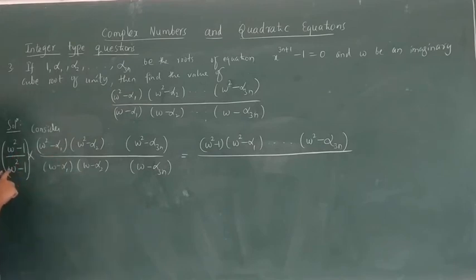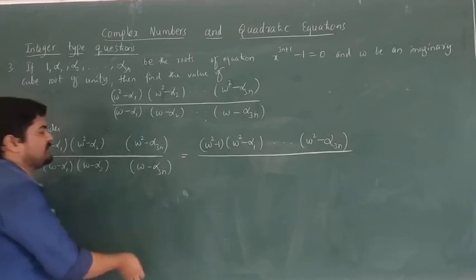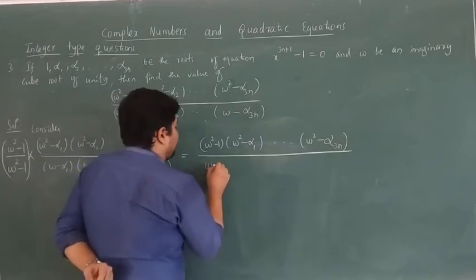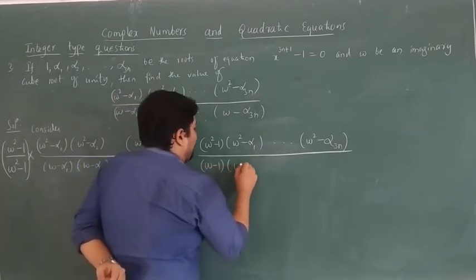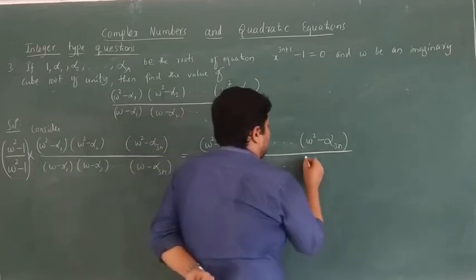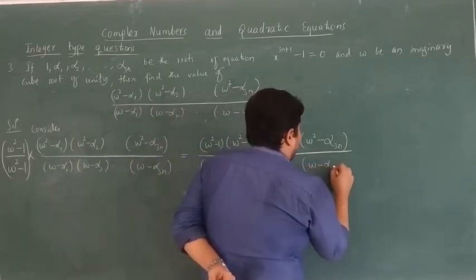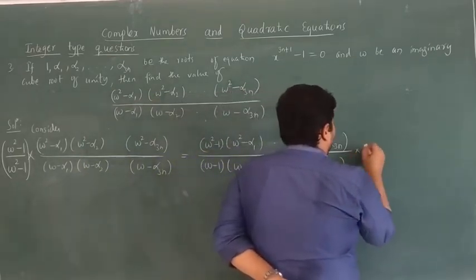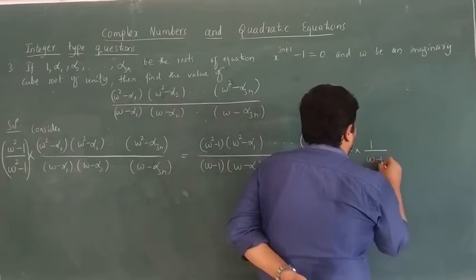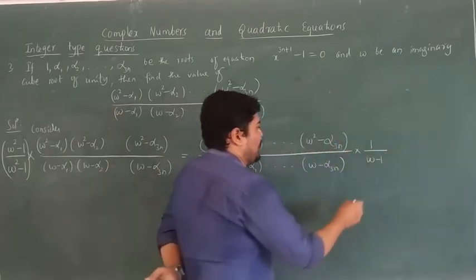And here I will write ω² − 1 as (ω − 1)(ω + 1). I will club this ω − 1 factor with the remaining factors. Therefore, you are left with (ω − 1)(ω − α1) and so on to (ω − α3n), multiplied with 1 divided by (ω + 1).